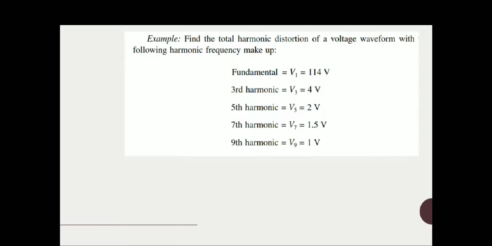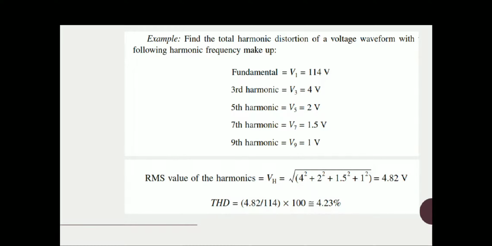So you can calculate THD as the ratio between Vh and V1, where Vh is the harmonic component, that is square root of V3 square plus V5 square plus V7 square plus V9 square, which is equal to 4.82 volt. And the fundamental voltage is given as 114 volt, so the total harmonic distortion is equal to 4.82 divided by 114, which is equal to 4.23 percent.